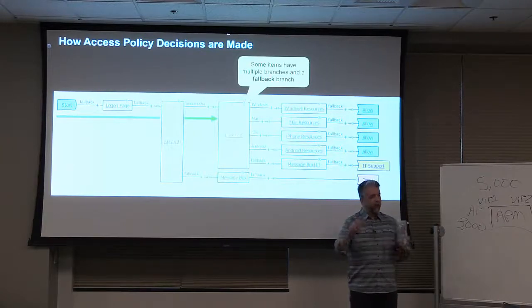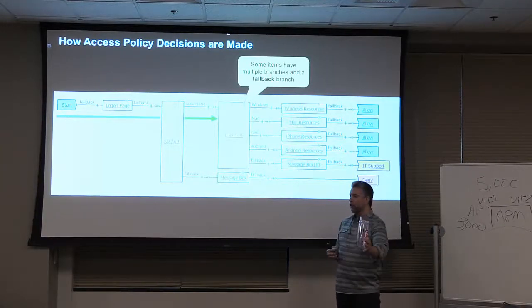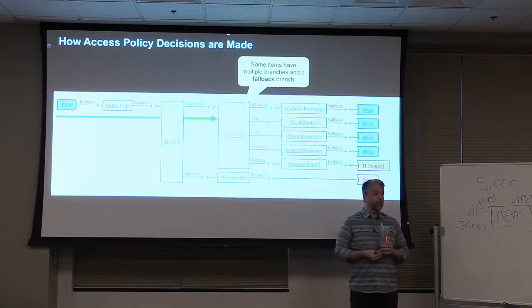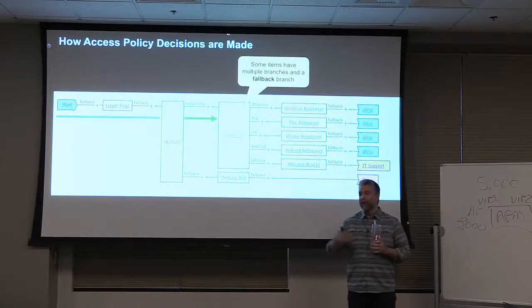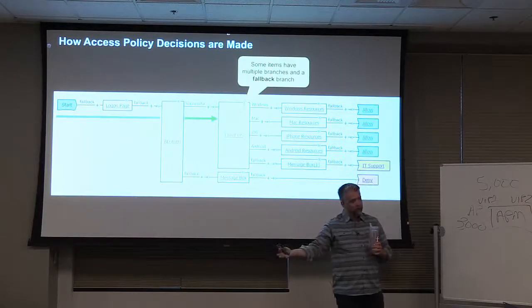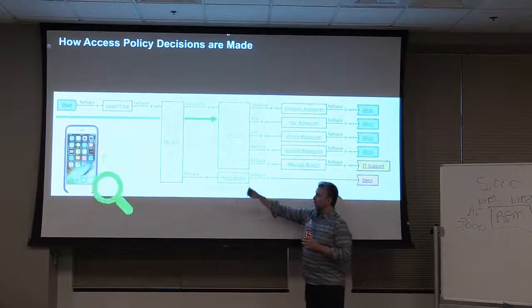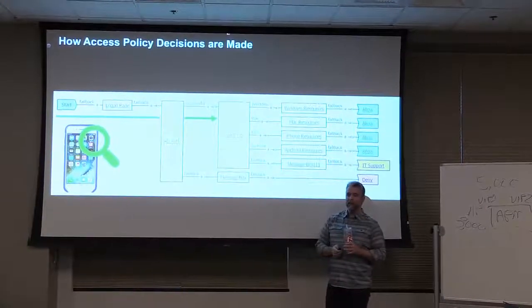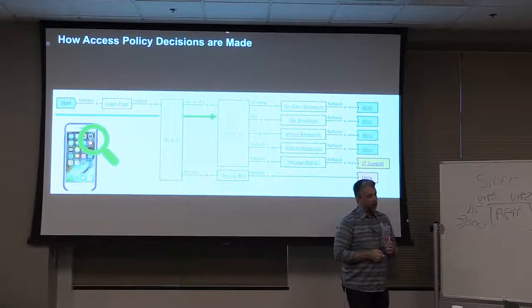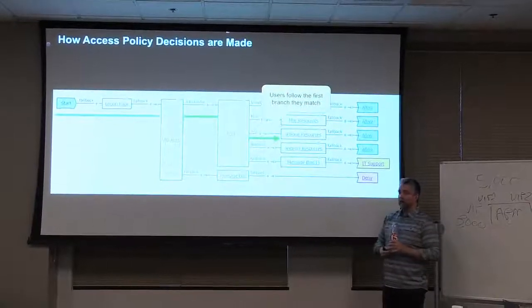Do they have this one? If they have this one, they go this way. If they have a different one, they go this way. Another example is group membership. If they're in the employees group, they go here. If they're in the partners group, they go here. So now, in this case, we're going to look at their device. And because this user's got an Apple phone, they'll now follow the Apple branch.